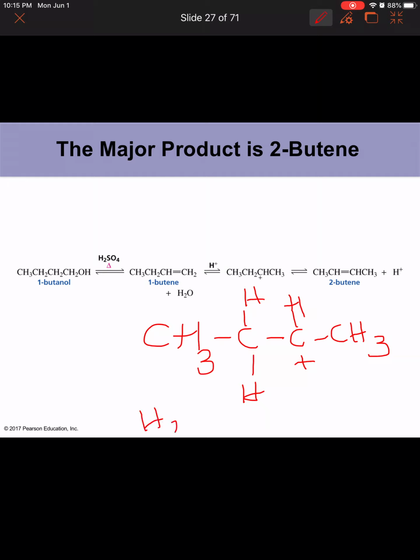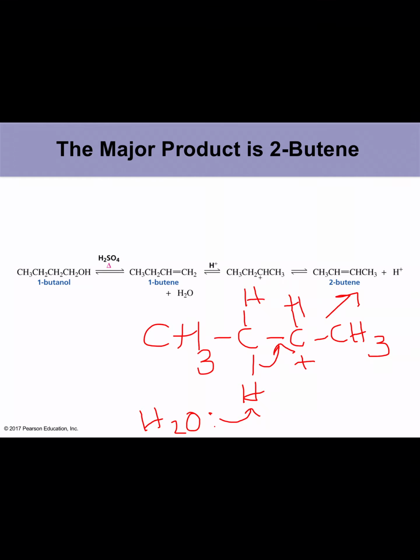So a water molecule can take this hydrogen and form the alkene and form 2-butene. So if you start with 1-butanol, even though you would expect to have 1-butene, you would get 2-butene as the major product due to this process.